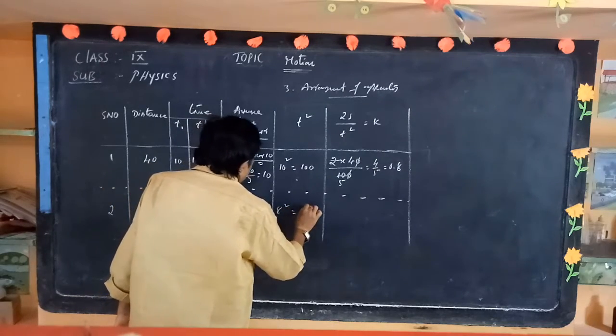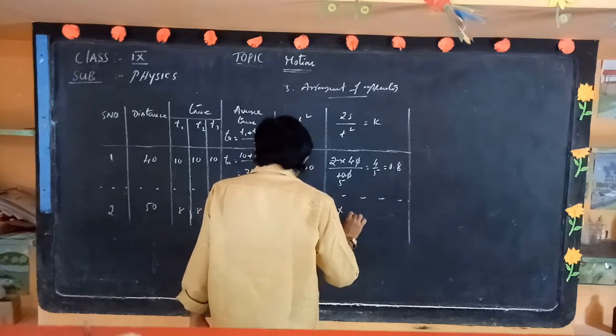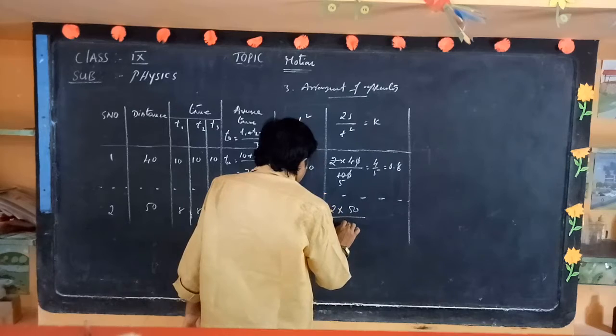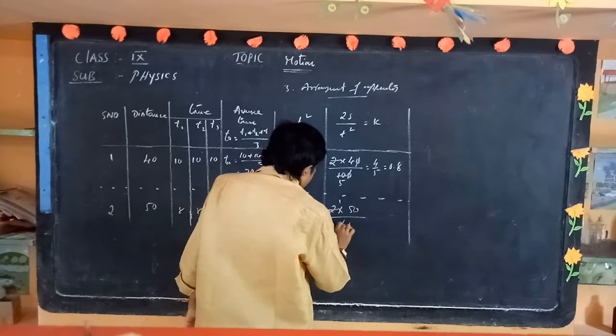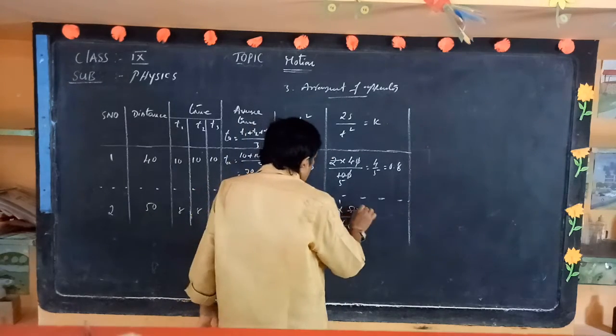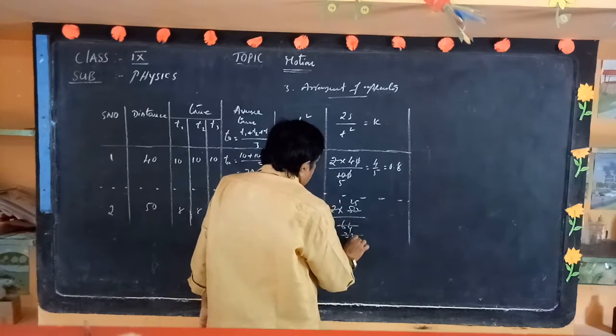Now 8 square is equal to 64. 2 into how much distance? 50 by 64. So 2 ones are 2, 2 threes are 6, 2 twos are 4, 2 fives are 10, 2 ones are 2.